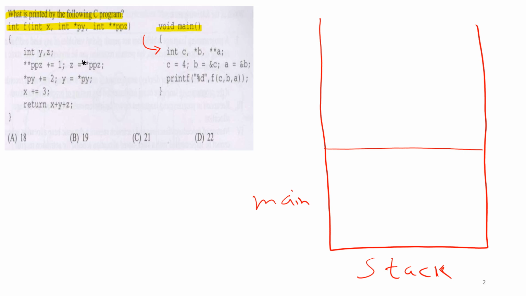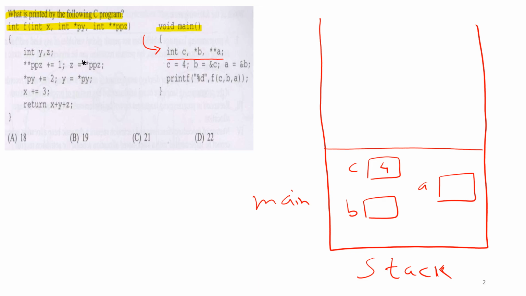What will it contain? It will contain memory for C, B, and A. So here is C, here is B, and here is A. Now what does C contain? C contains 4, right? What does B contain?